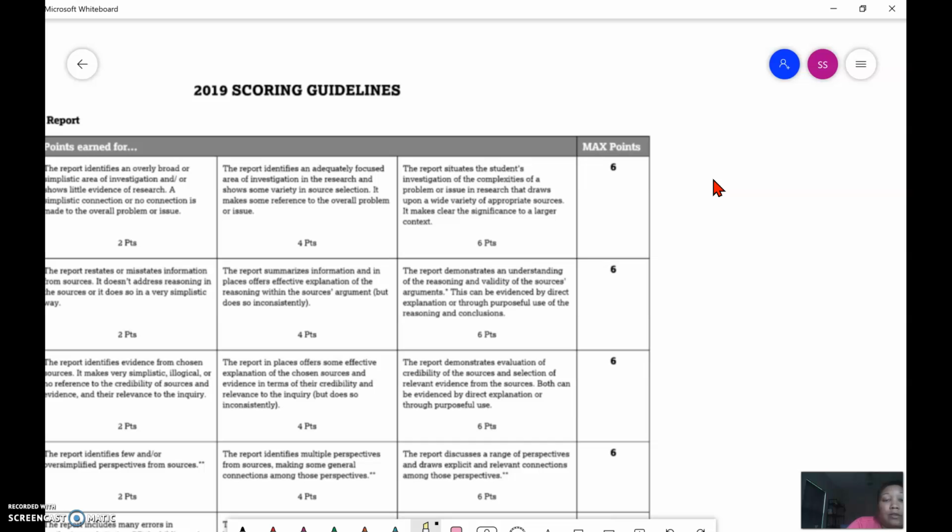So the things that we need to focus on here are that your report situates the investigation of the complexities of the problem or issue in the research, draws upon a wide variety of appropriate sources, and makes clear the significance to a larger context. Okay, and I'll explain what they mean by that in just a second.